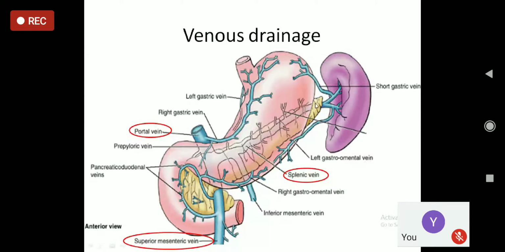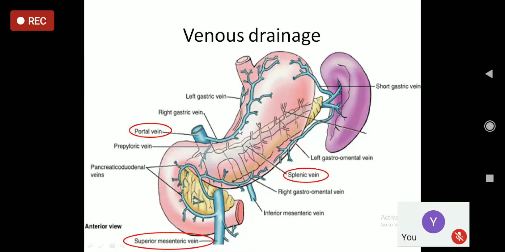The short gastric and left gastroepiploic veins drain into the splenic vein, while the right gastroepiploic vein drains into the superior mesenteric vein. The superior mesenteric vein and splenic vein in turn unite to form the portal vein. So all the venous drainage of the stomach directly or indirectly drains into the portal vein.